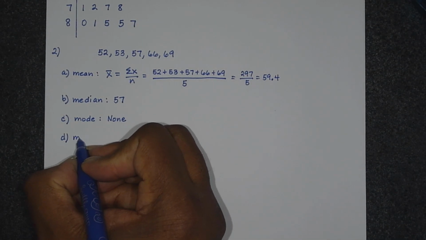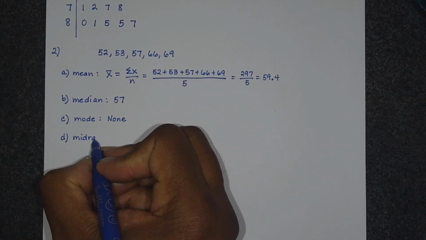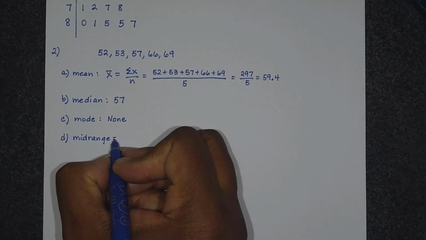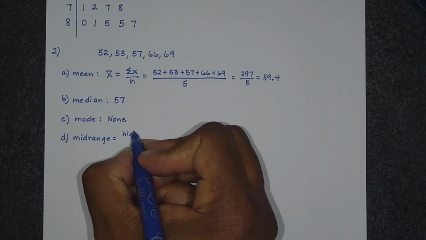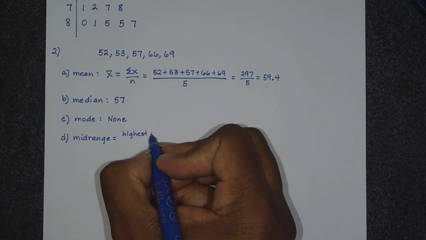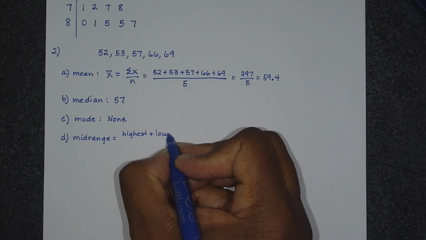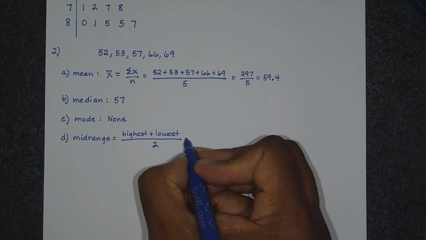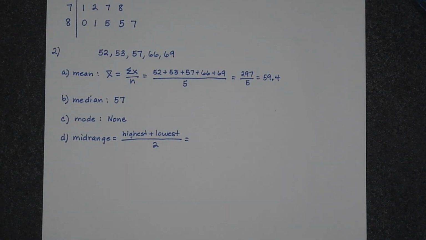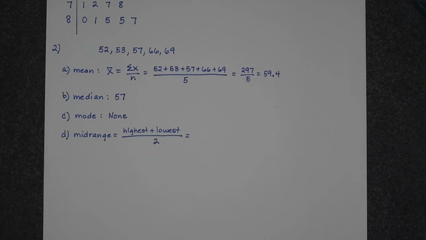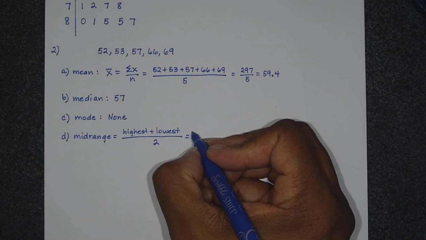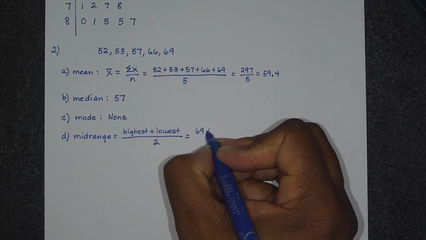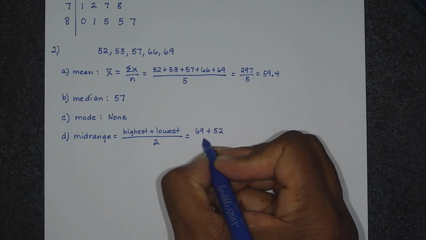And then for the midrange, of course, I'll write this out as the highest data value plus the lowest data value. That sum is divided by 2. So what's the highest data value in this set? 69. And what would be the lowest? 52.